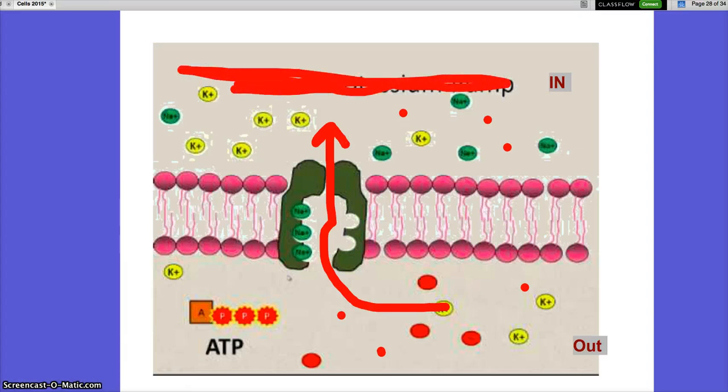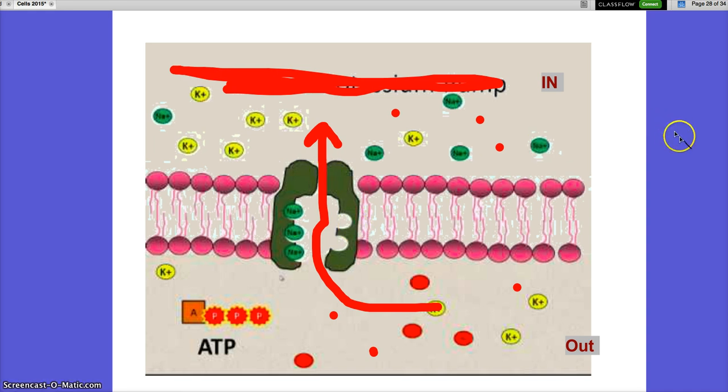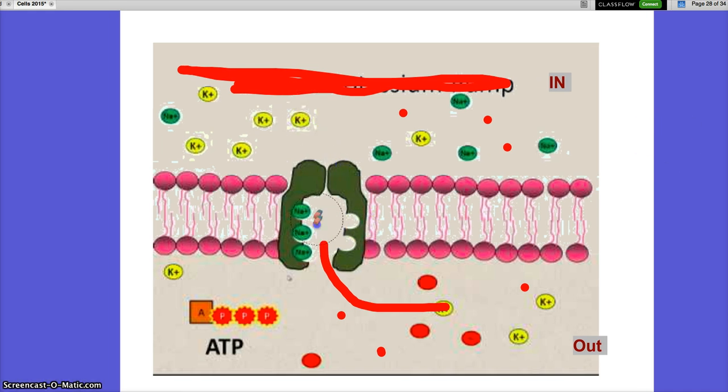One more example, and then we're done. If I do this, I'm going to take the green, and I'm going to go right here. What did I do? Raise your hand if you could tell me. I'm going to give you all the questions, and these are the questions you're going to ask yourself. In which direction did the molecules move? Out.